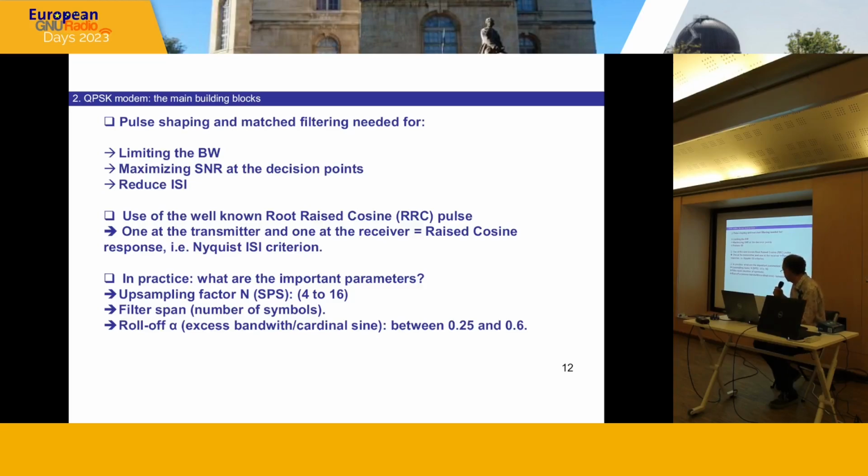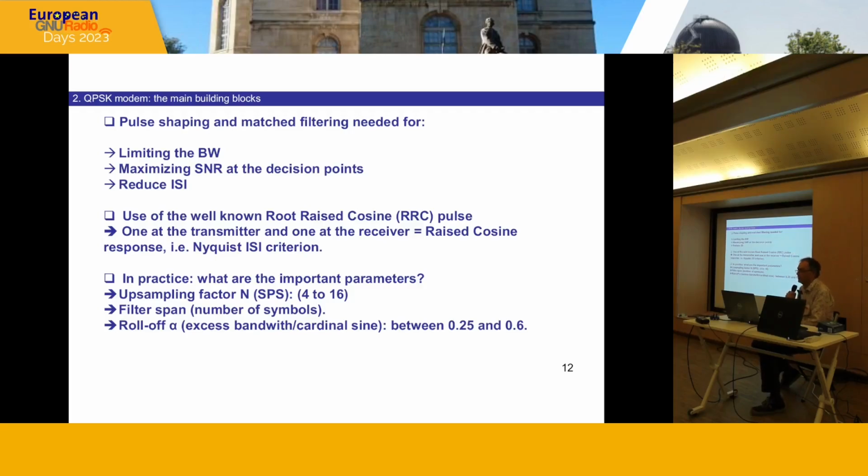The last important parameter is the roll-off factor. It's the excess bandwidth compared to the ideal filter, a cardinal sine, which is not physically realizable. So it's generally between 0.25 and 0.6.